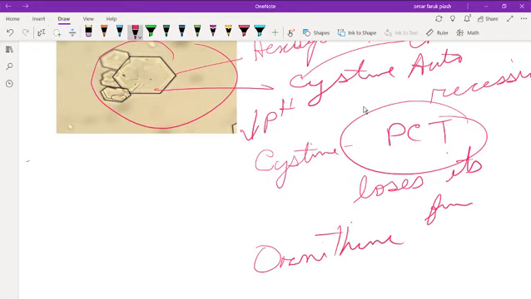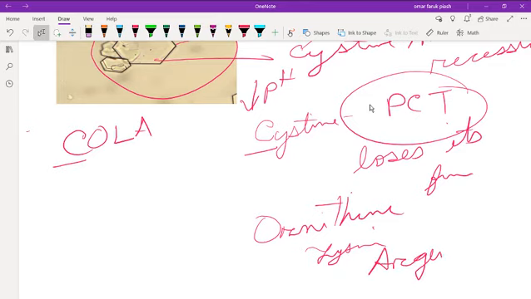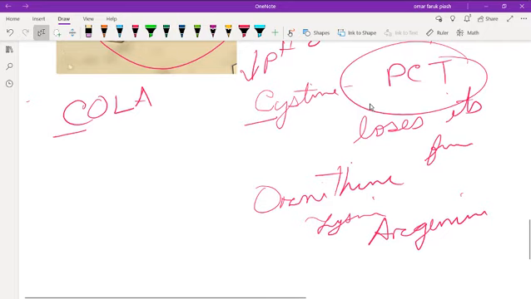There is a mnemonic saying COLA, that the cystine reabsorbing PCT transporter loses its function, and that's why the transporter of ornithine, lysine, and arginine has poor reabsorption because there is a transporter defect. So cystine, ornithine, lysine, and arginine have decreased reabsorption.